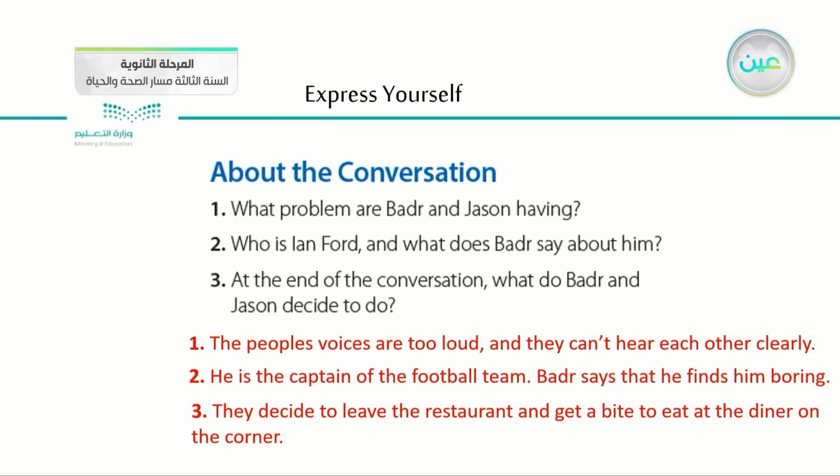The diner is the place that is also called the restaurant, but there are some slight differences between the diner and the restaurant, like the diner usually opens very late and very early and so on. So they are going to get a bite to eat at the diner on the corner.